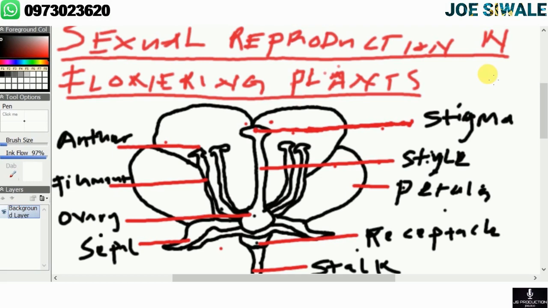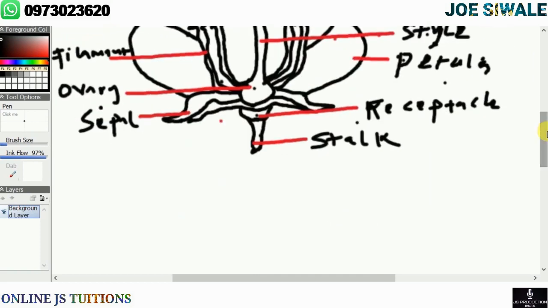The function of the ovary is to store the ovules, which are the female gametes of the flower. Those are the functions of the parts of the flower. I hope it's clear. When fertilization takes place, the ovary would develop into a fruit, and the ovules would develop into the seeds. So let us look at the functions that I've just said.